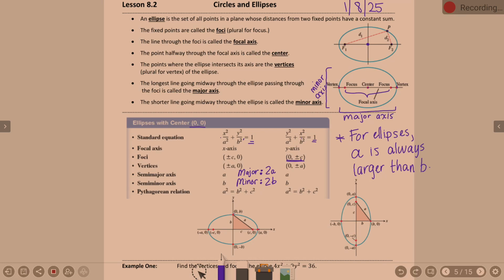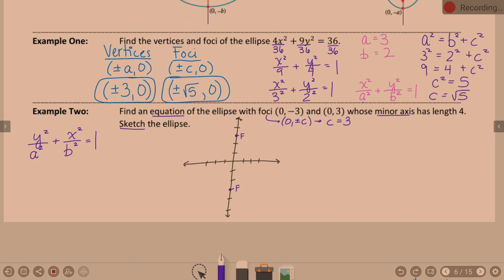The semi-minor axis is half of the axis, the whole minor axis is going to be 2b. So since they tell me the minor axis has length 4, and the length is 2b according to the chart, that means 2b equals 4, and if 2b equals 4, B equals 2. We know that b is 2.